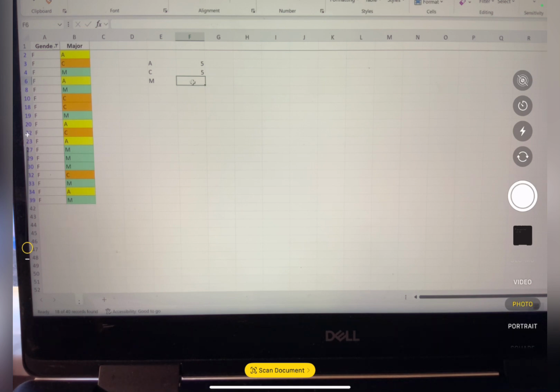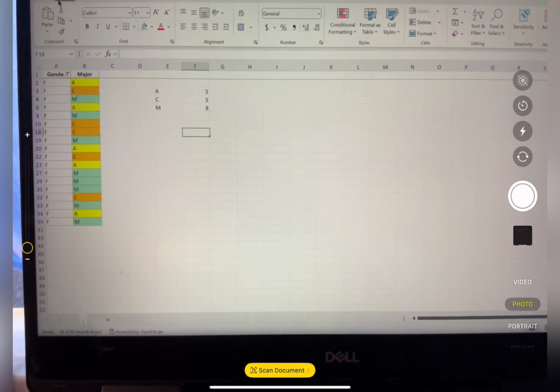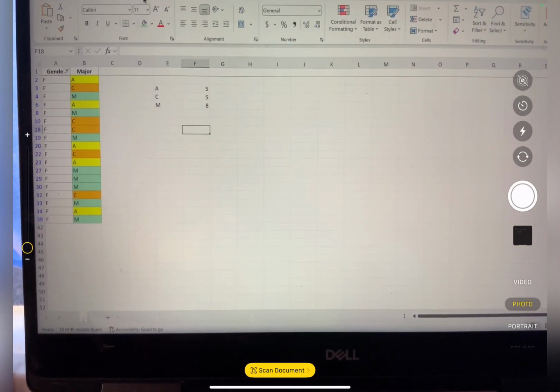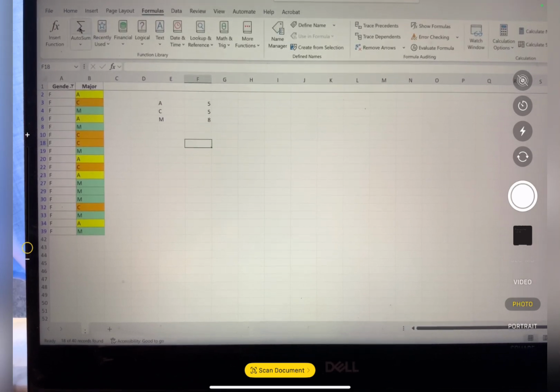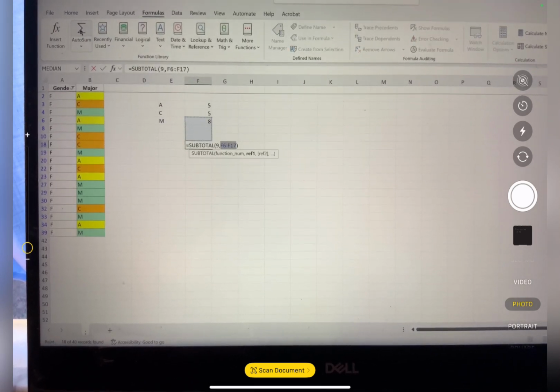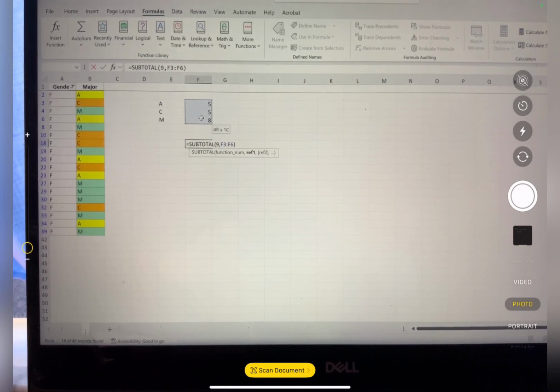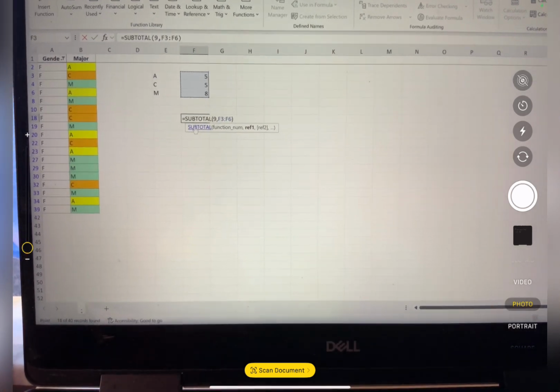So how much do we have total? So total, it's going to be, let me see, where is my formulas here? Clicking on formulas, sum, and I am clicking on 5, 9, 8. Done.